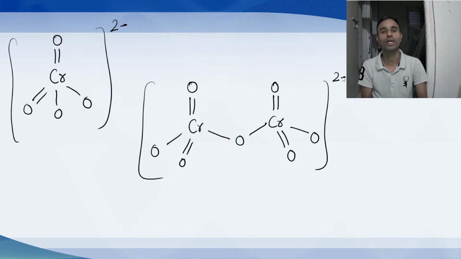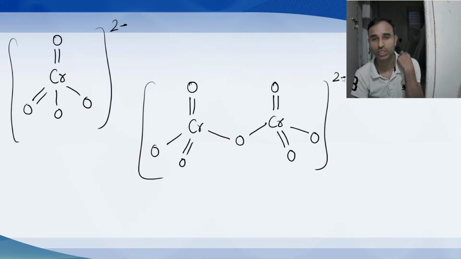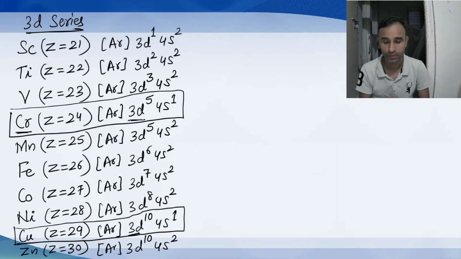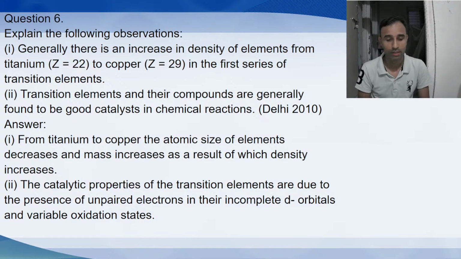So it is the chromate and dichromate structure. In dichromate, two tetrahedra are joined together by a common oxygen. Okay, and CrO4 2 negative is simply tetrahedral in shape.